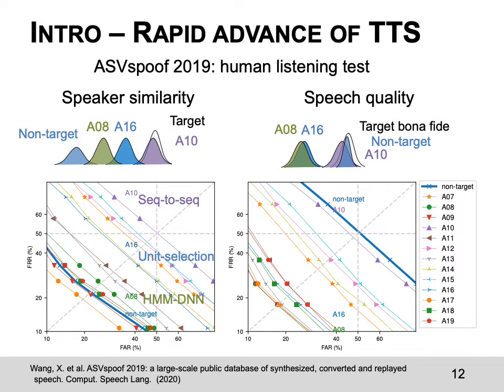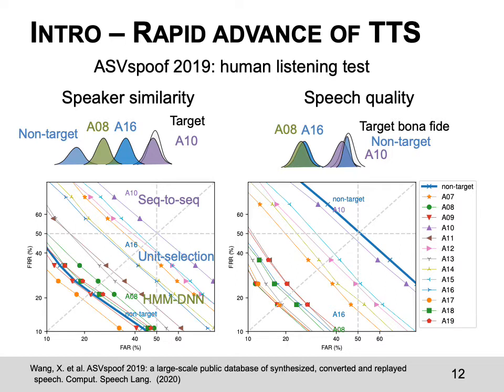In this case, the EER is close to 50%, which means this system's synthesized speech really sounds like the target speakers, and human beings cannot tell them from each other. It's a similar trend if we look at the results in terms of speech quality.